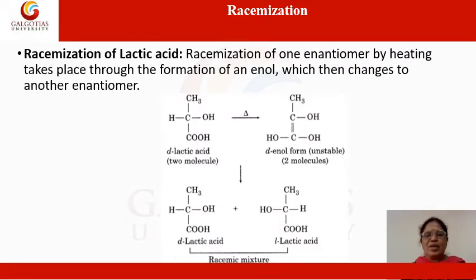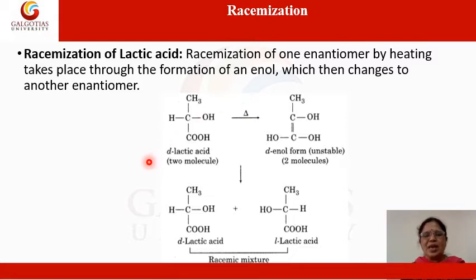Here we can see, for example, racemization of lactic acid. Now here, racemization of one enantiomer by heating takes place through formation of an enol, and then it changes to another enantiomer.